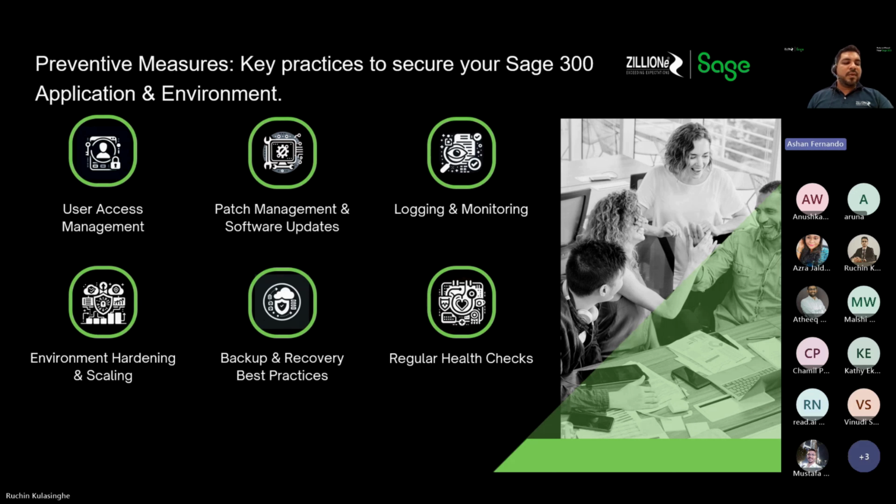So moving forward, the next point is logging and monitoring. This is about watching what's actually happening in your system, and by activating logging and monitoring you can also help to sort out some problems.